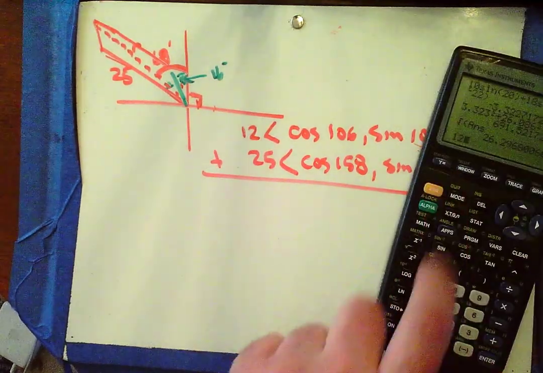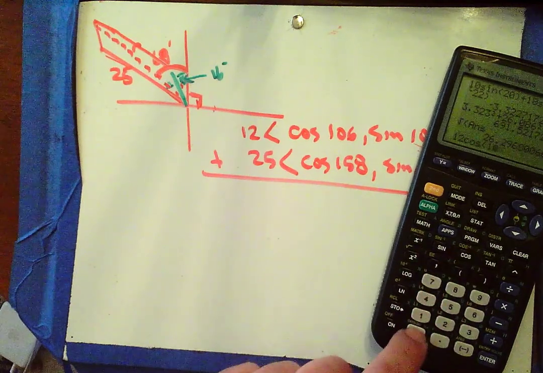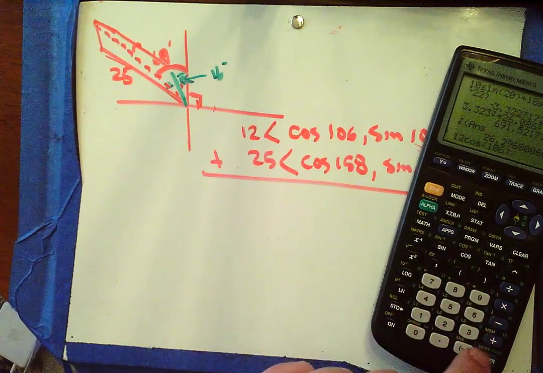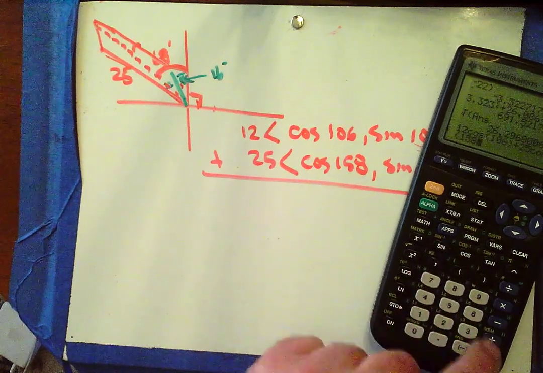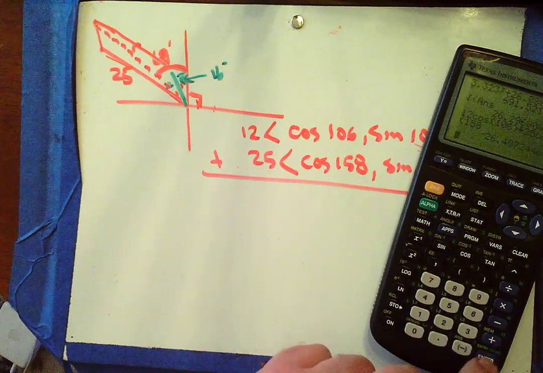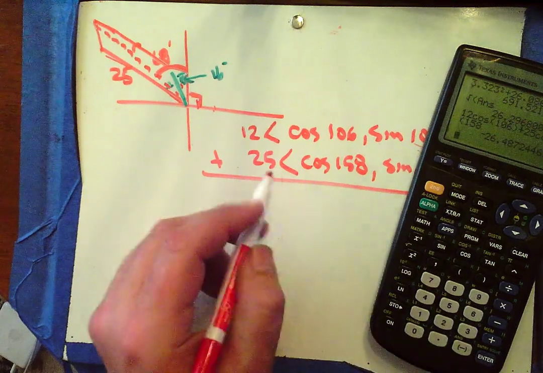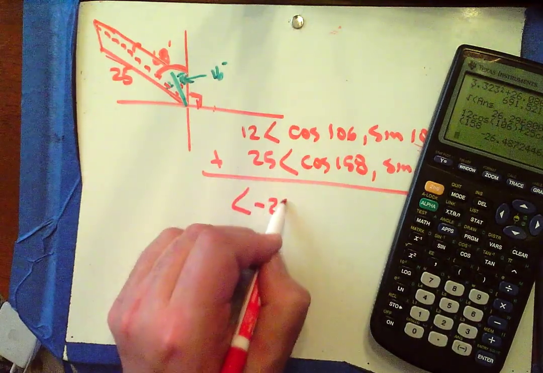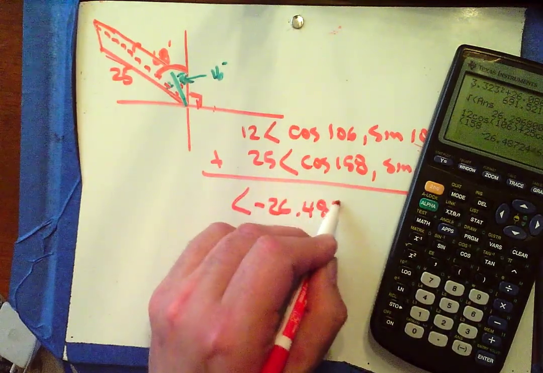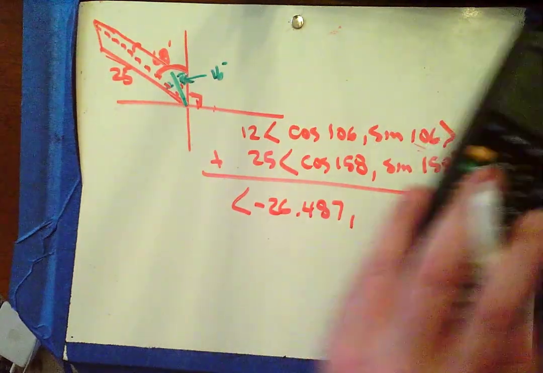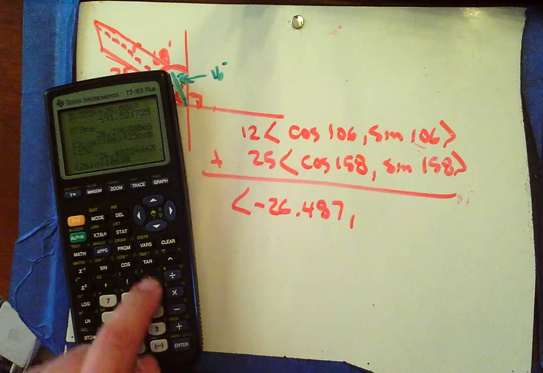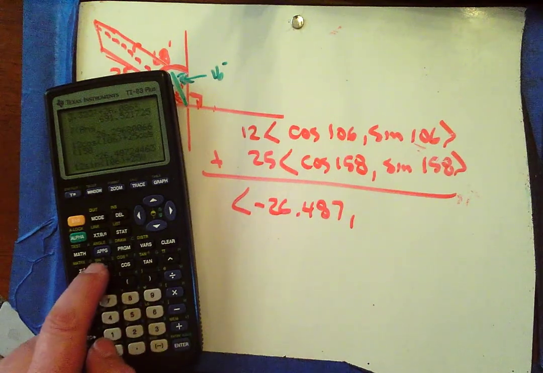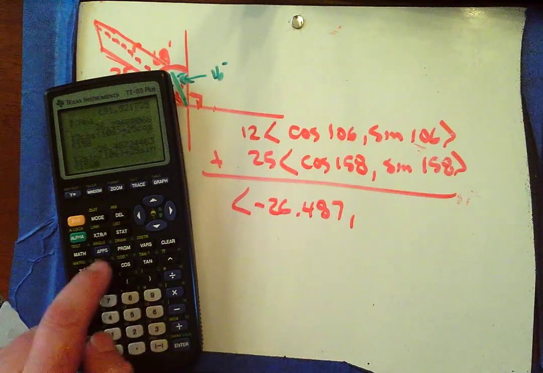12 cosine 106 plus 25 cosine 158. And I get negative 26.487. And then I want 12 sine 106 plus 25 sine 158.